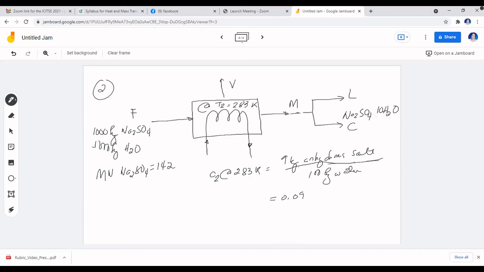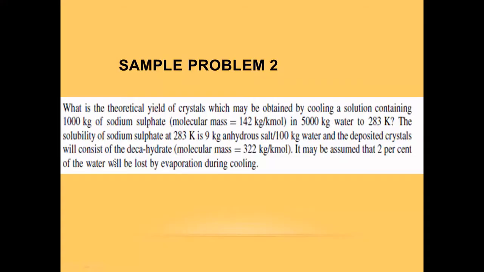Molecular weight is given to be 322. Okay, 322. There was a mention in the last statement about the amount of water evaporated. It may be assumed that 2% of the water will be lost by evaporation during cooling.